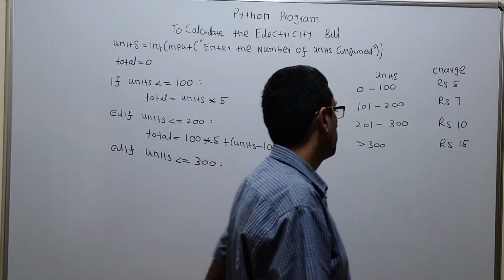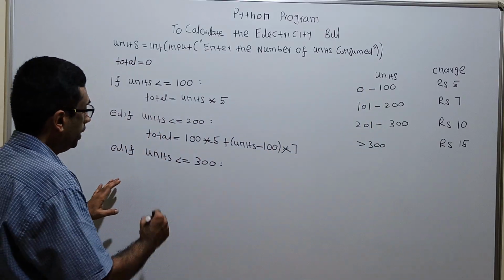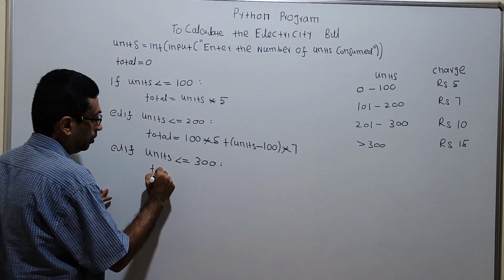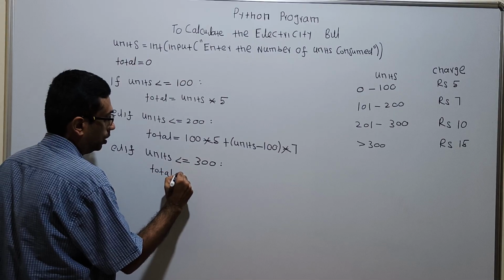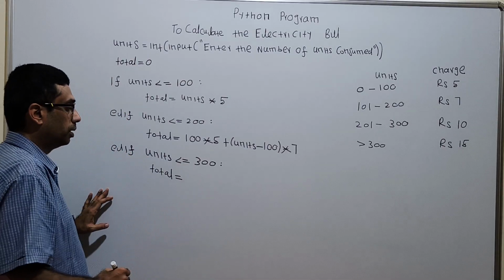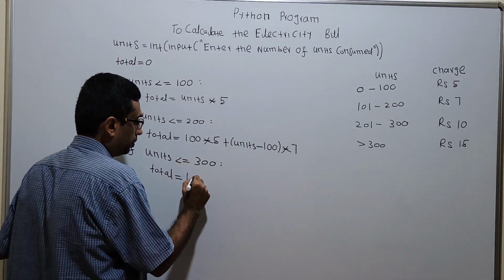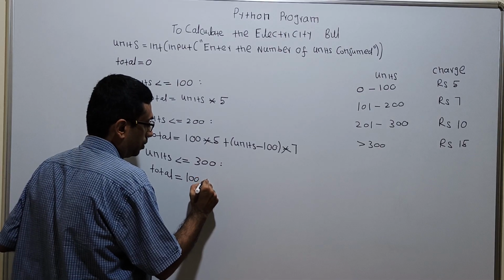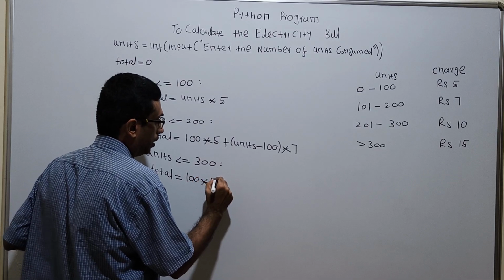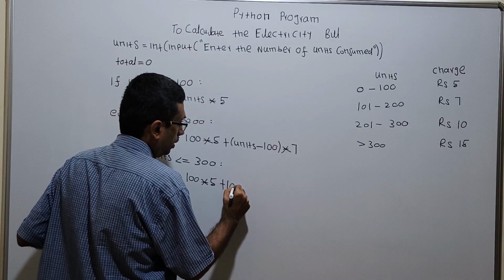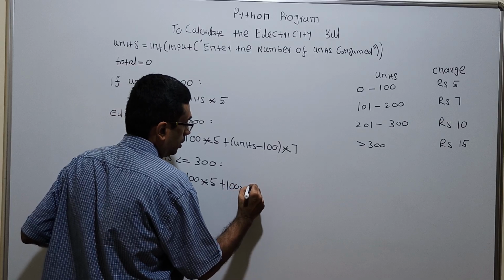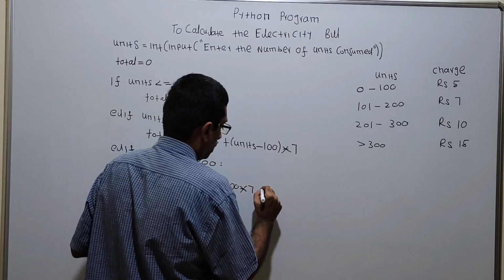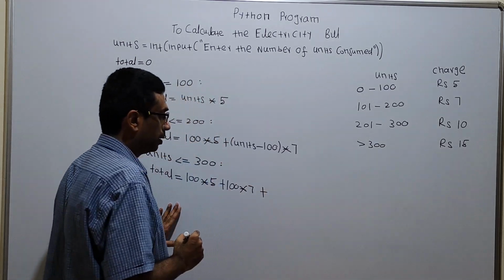I am charging rupees 10. So here I am writing total equal to first 100 units rupees 5, next 100 units rupees 7, and remaining units.